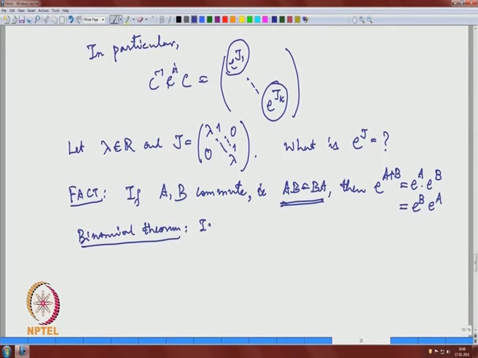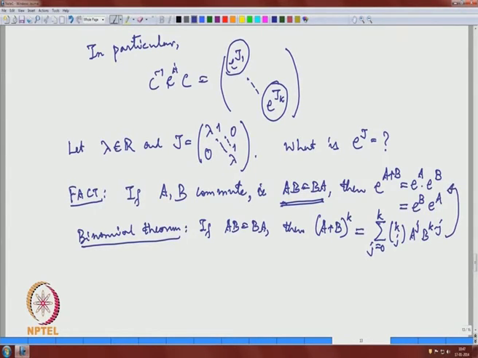So, if AB equal to BA, then (A plus B) to the K is summation over j equal to 0 to K of K choose j, A^j B^(K minus j). So, this you can easily prove by induction, and which in turn gives this. Okay. So, that is the only thing involved.